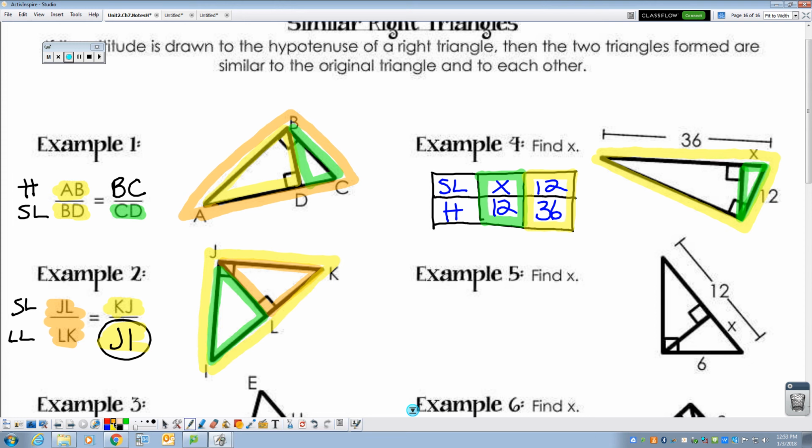So I can go right from my table to cross multiplying, and I get 36x equals 144. And then we just solve that for x. X is 4. And there we go.